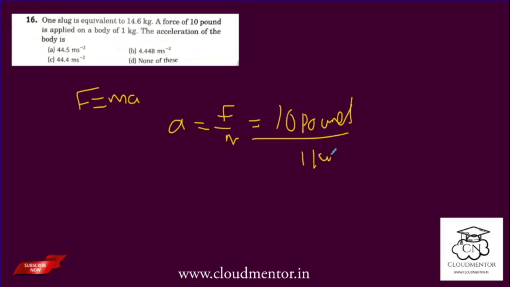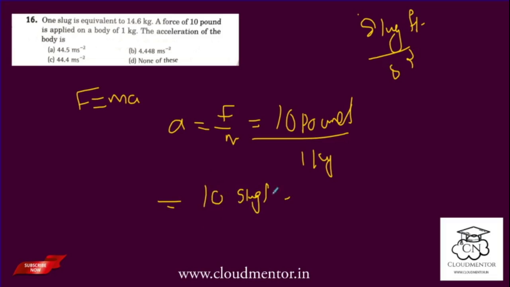Mass is 1 kilogram, and we can now write the pound as slug feet per second square. So we get 10 slug feet per second square.